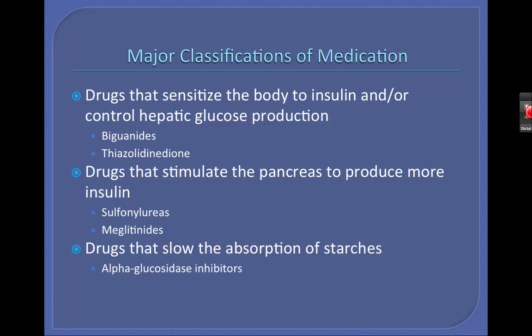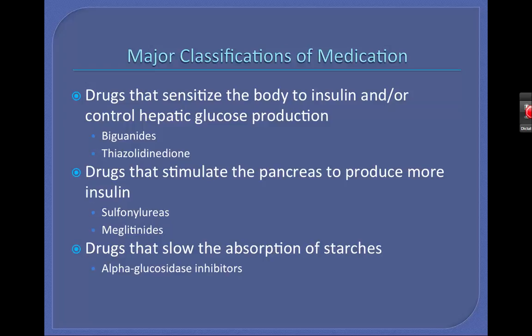Major classifications of medications: drugs that sensitize the body to insulin or control hepatic glucose production are biguanides or thiazolidinediones, TZDs.